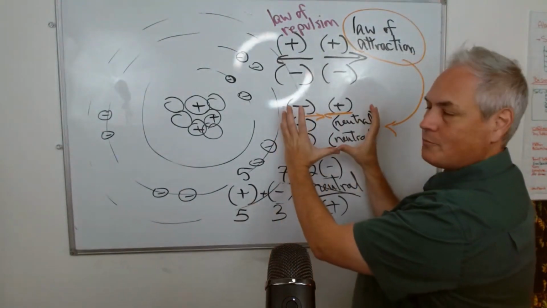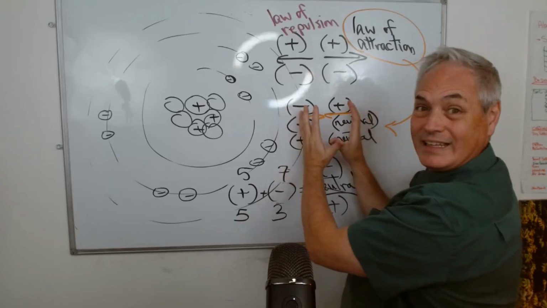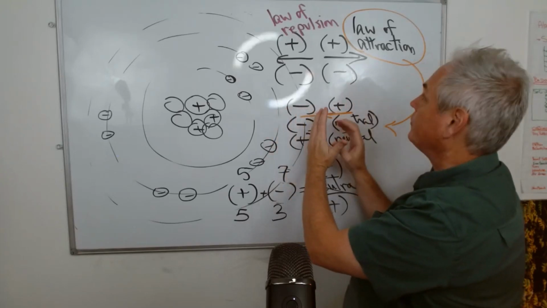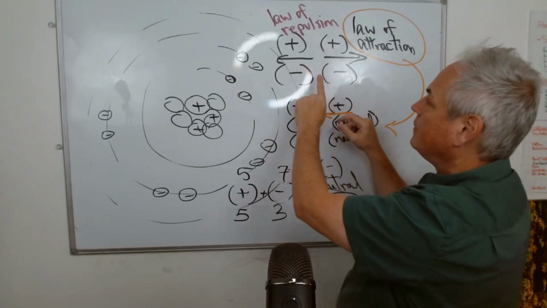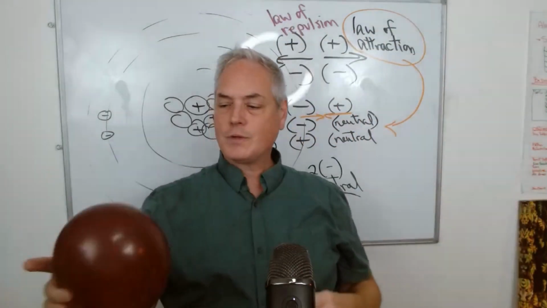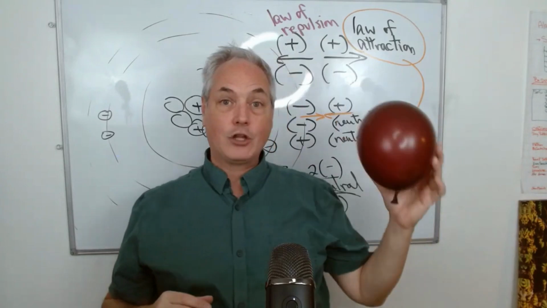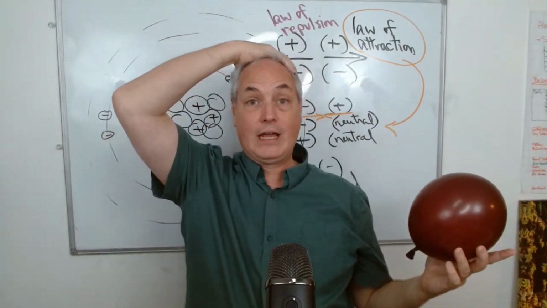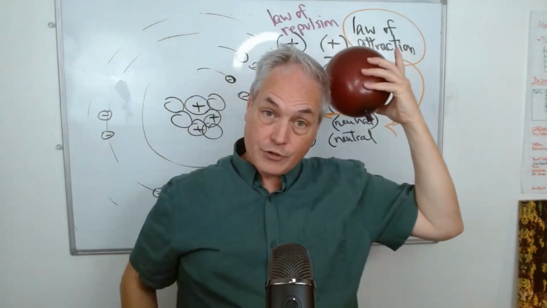So here we have objects that have different charges that get together, that are attracted to each other, and we have similar charges that are repelled from each other. What's interesting is that if you have an object that is neutral and your hair that is neutral, you create some friction.